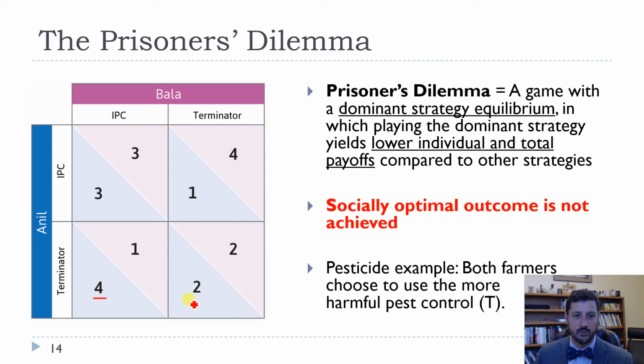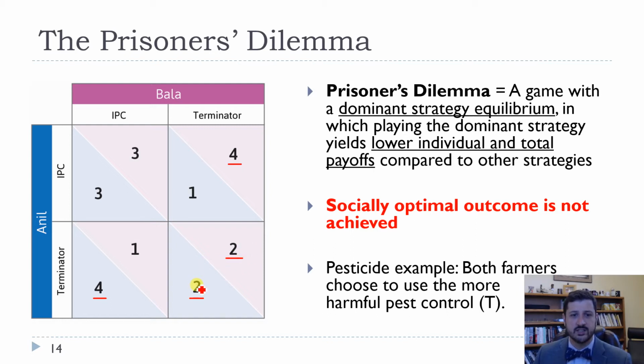Otherwise, if he uses Terminator, he gets 2, and 2 is better than 1. If Anil uses integrated pest control, then Bala is choosing between 3 and 4. 4 is better than 3, so we underline that. And if Anil uses Terminator, Bala is choosing between 1 and 2, and so he chooses 2.